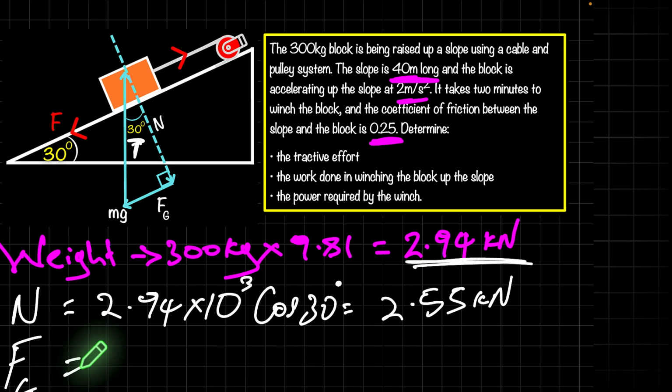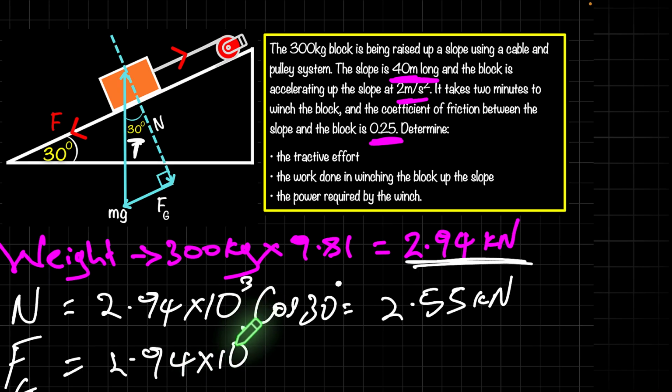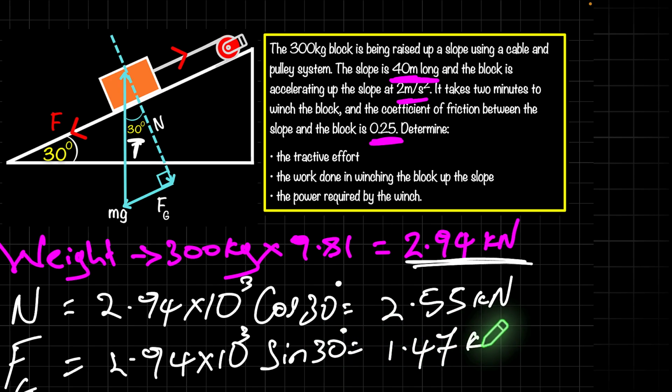If we use the same force there, 2.94 times 10 to the power of 3, the only difference is this will be sin 30 degrees, and that will give us 1.47 kilonewtons. So that's two members down. We have those two force components done. Now, from our previous videos, we talked about friction and we used the formula for friction.